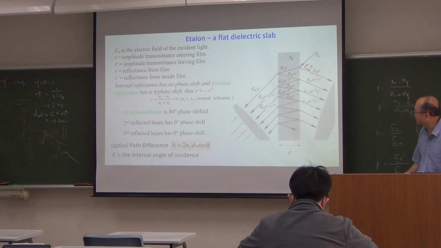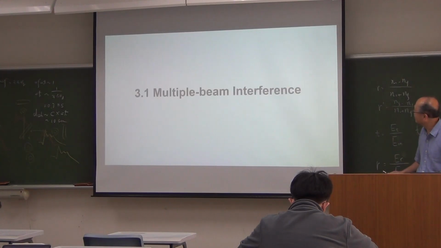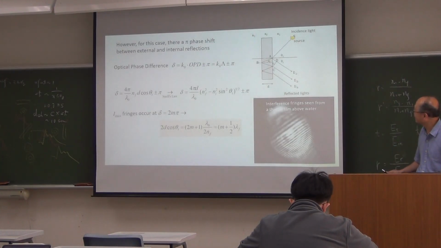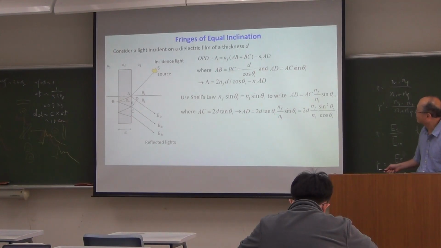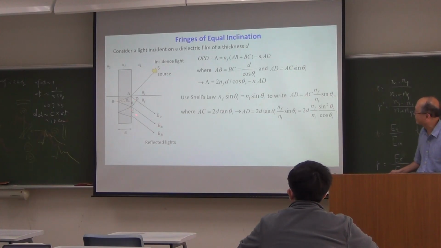The calculation of the optical path difference here. Basically, we have done this calculation on the last page. We went through quite a bit of calculation for that. The optical path difference for this ray and this ray is right here.